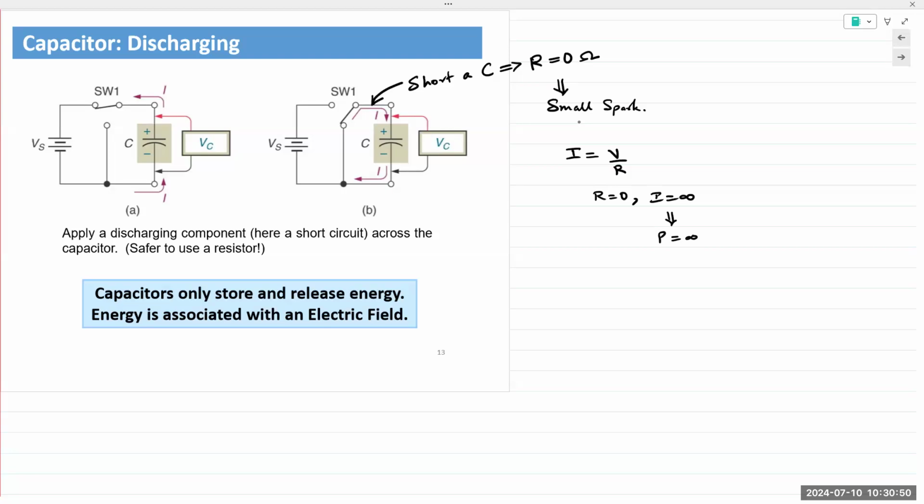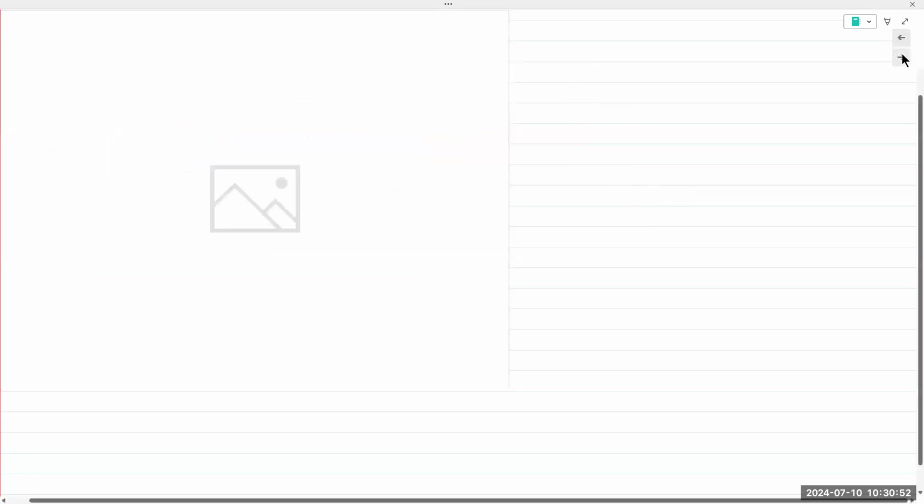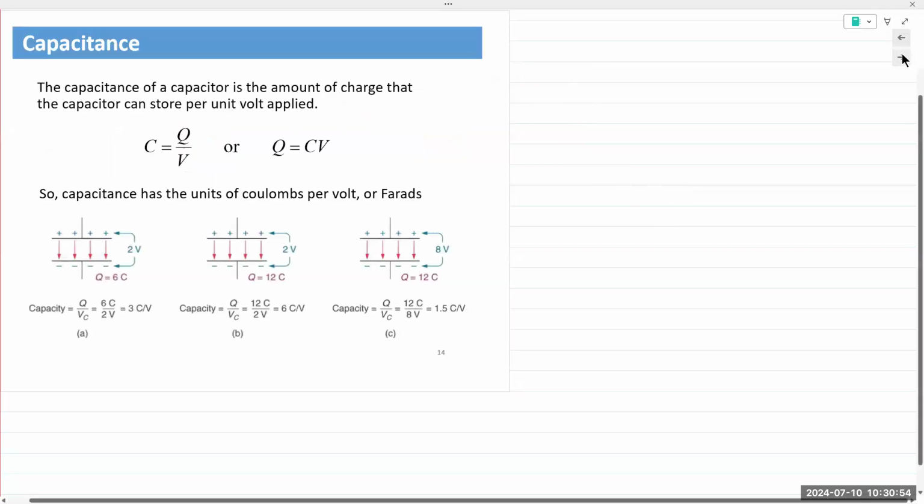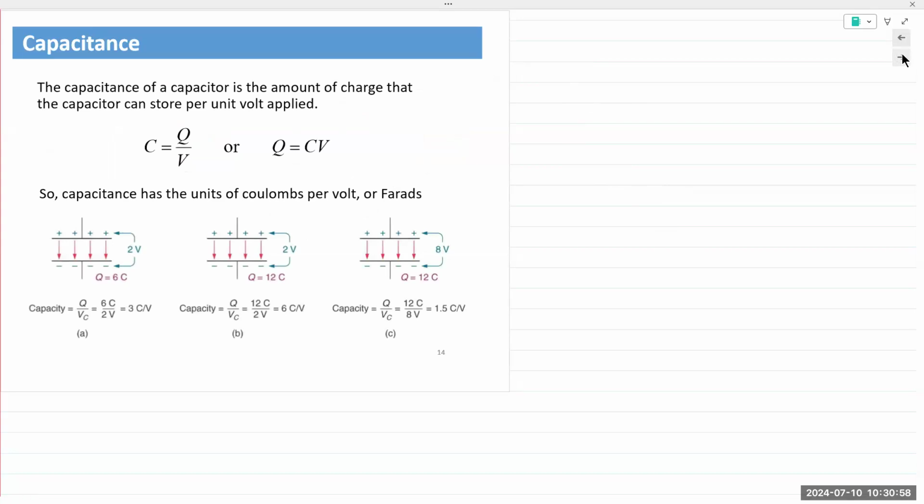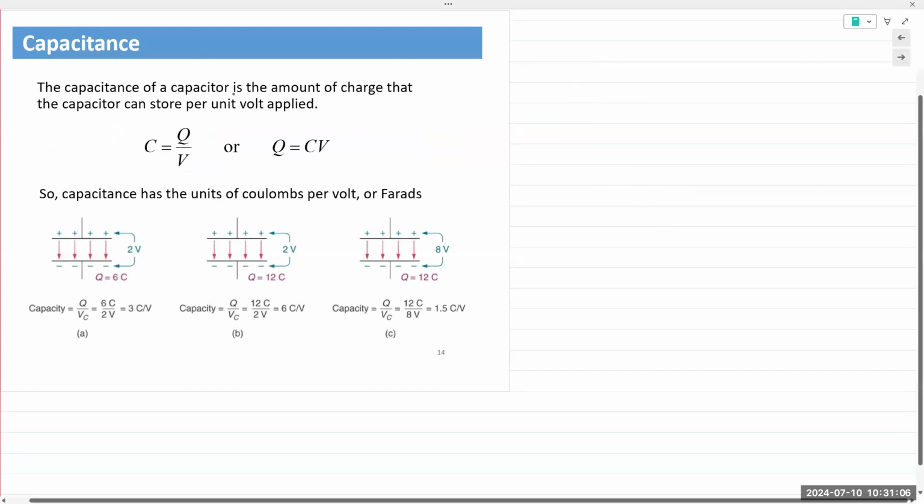Okay, let's see. So capacitance, the word capacitance comes from the word capacity. It's the capacity of that component to store charge, to store energy. And it's given by this primary equation.